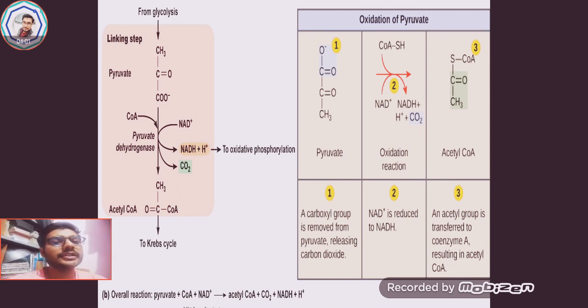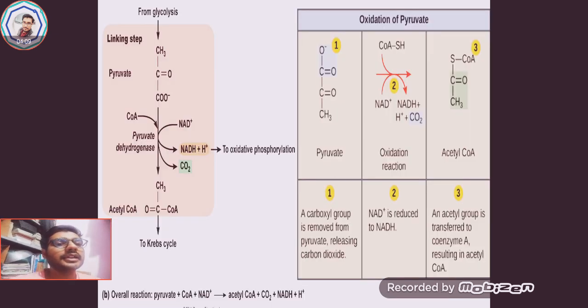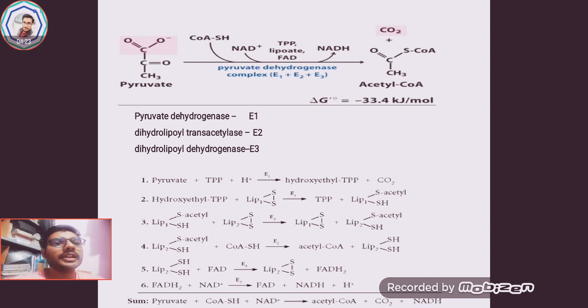The overall reaction is pyruvate plus coenzyme A plus NAD gives acetyl coenzyme A plus carbon dioxide, because the 3-carbon compound is getting converted into a 2-carbon compound, and NADH plus H positive is released. You can see the reaction involved in the conversion and the enzyme responsible for it. We are not going into detail on this step.